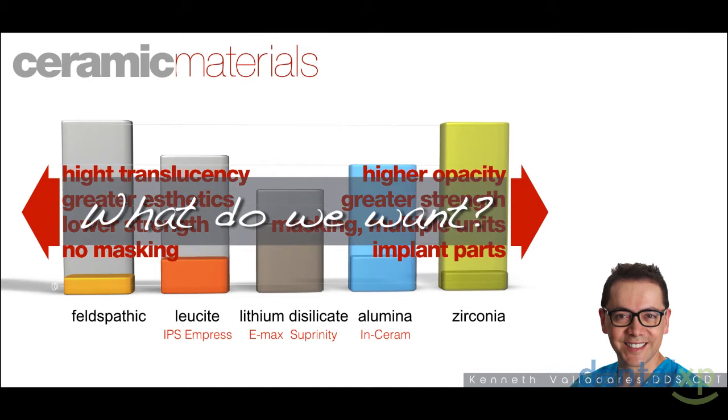So, when making our choice, we should ask ourselves, what do we want? Greater aesthetics or greater strength? Or maybe a material that has a little bit of both properties like lithium disilicate, more commonly known as IMAX, or even better, the lithium silicate.